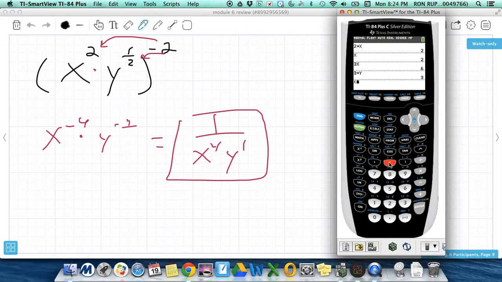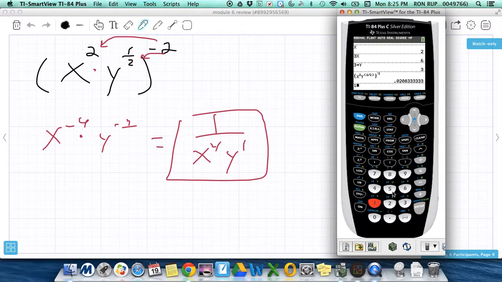So let's try it. Parenthesis, x squared times alpha y to the parentheses 1/2 power, that whole thing to the -2 power. So you can see I get 0.02083 repeating. This answer should be the same thing.